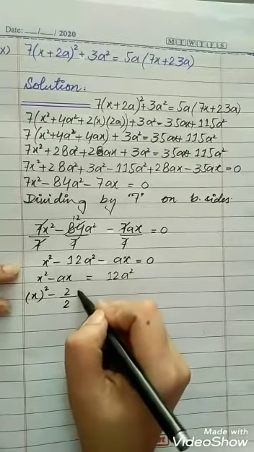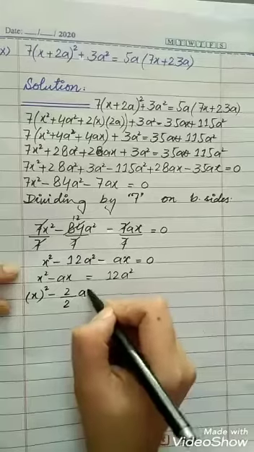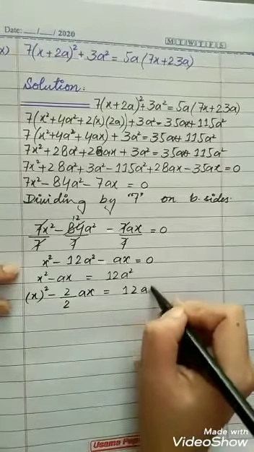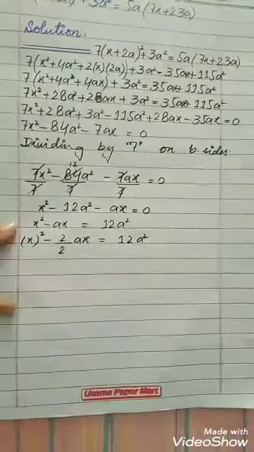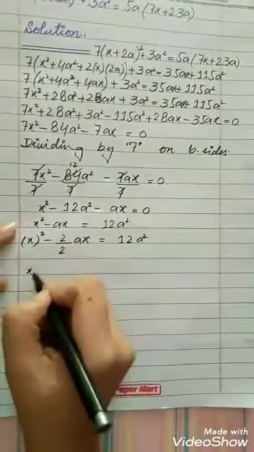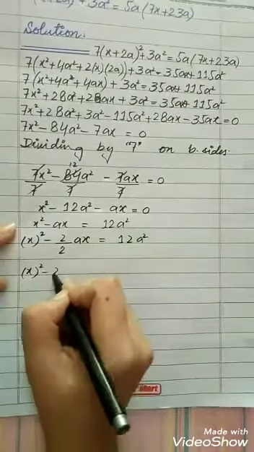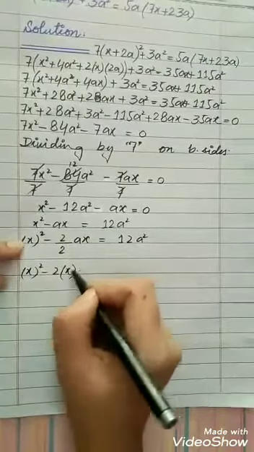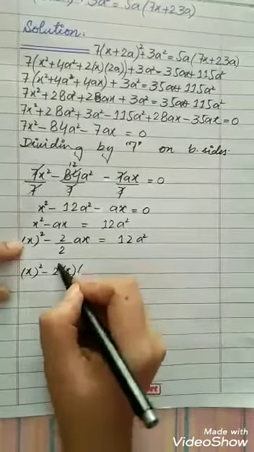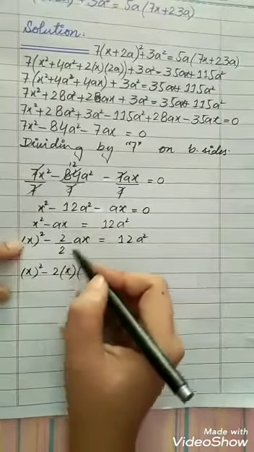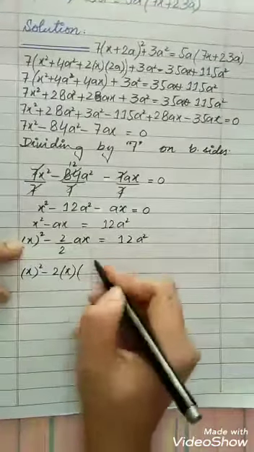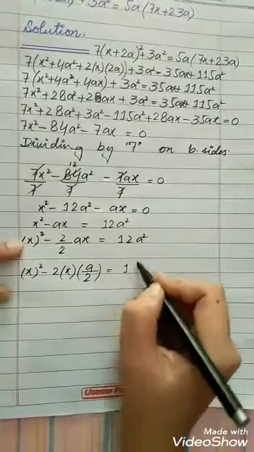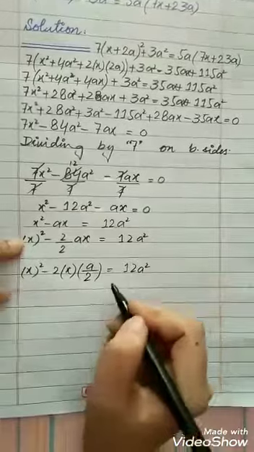Minus 2 by 2, and ax will remain as it is, equal to 12a square. Now we will make the formula a square minus 2. Here a is x, and the remaining value will be b. The remaining value is a by 2, so b is equal to a by 2, equal to 12a square.